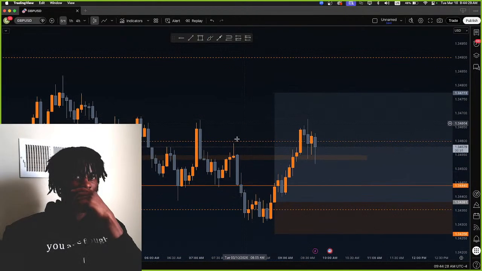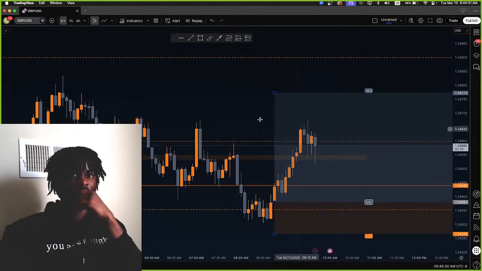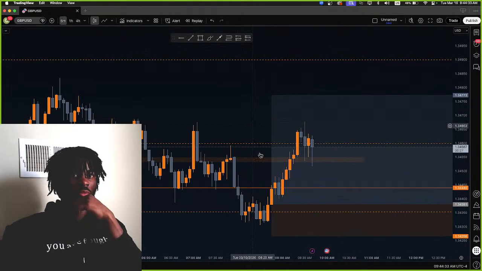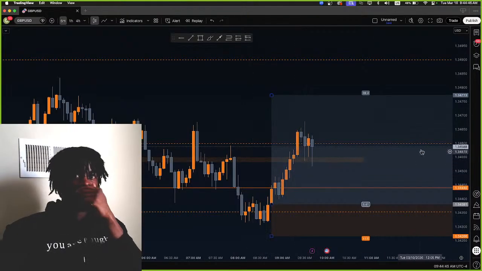If price continues to maintain and it does give me an entry confirmation, I can enter again here and have my stop loss below this area of support, and this will be another break and retest setup where price has to actually maintain and hold support.